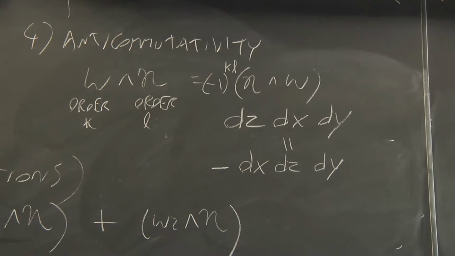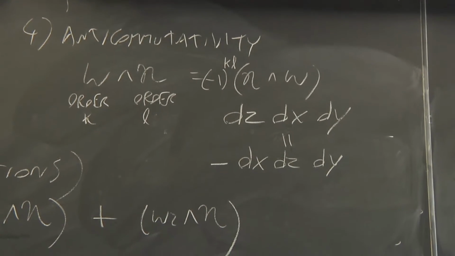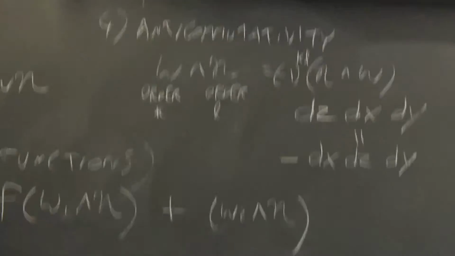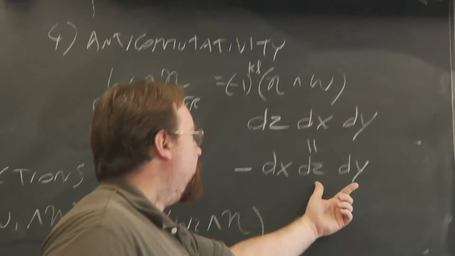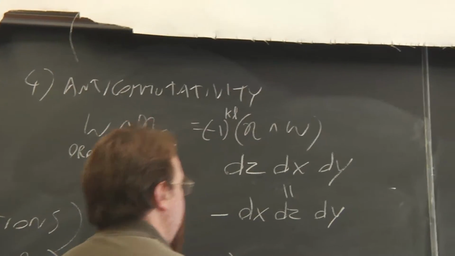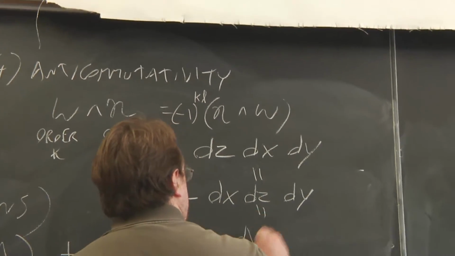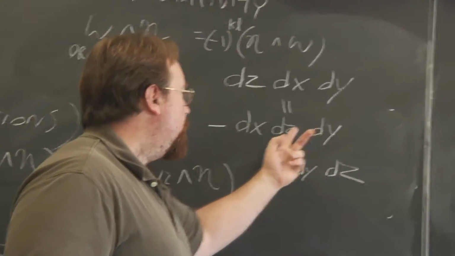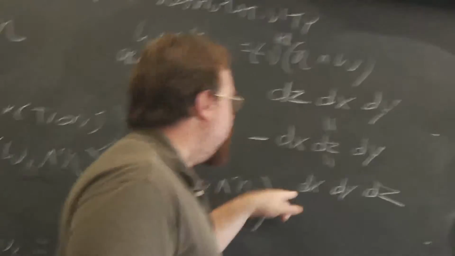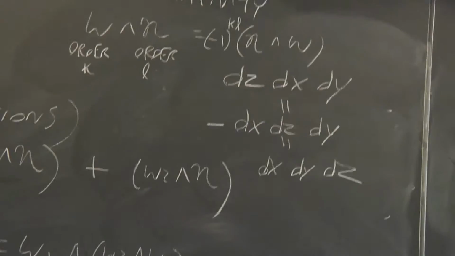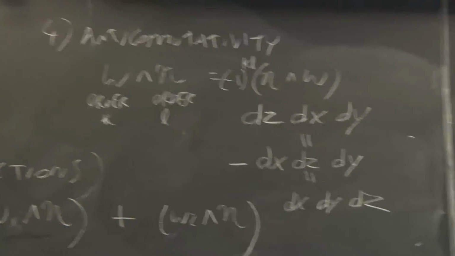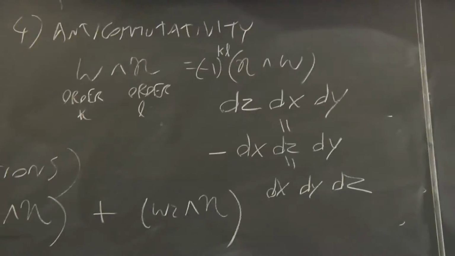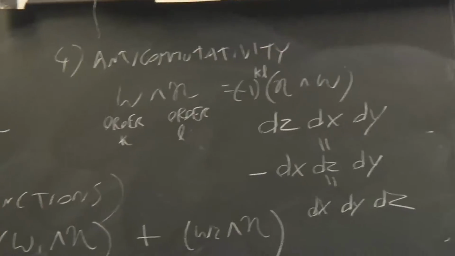So it's going to change the sign. But now you want to interchange one more time to put dz, dy in the right order. So you get dx, dy, dz. Because you're interchanging two 1 forms, the sign will switch back to positive. So that is your final result. Anytime you're twiddling dx's, dy's, or dz's, that will flip the sign. That's the main consequence of this that we'll see.